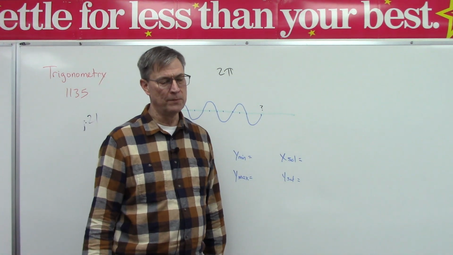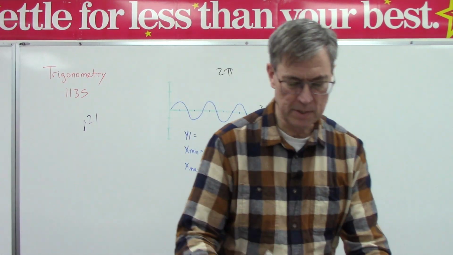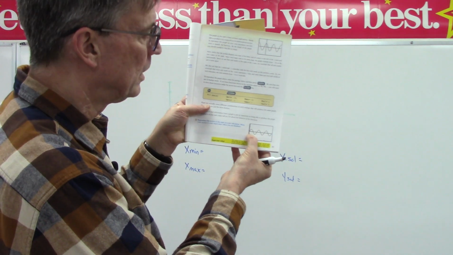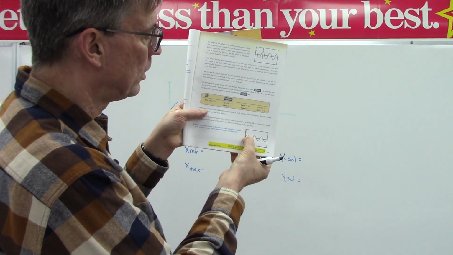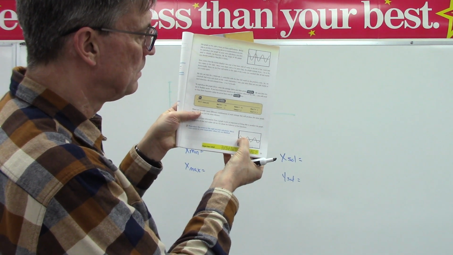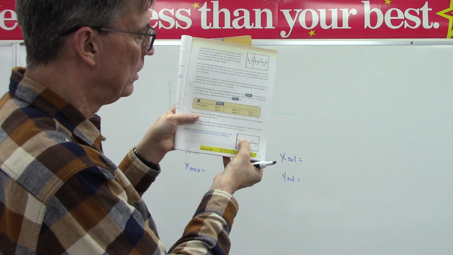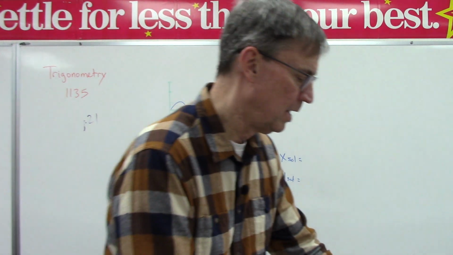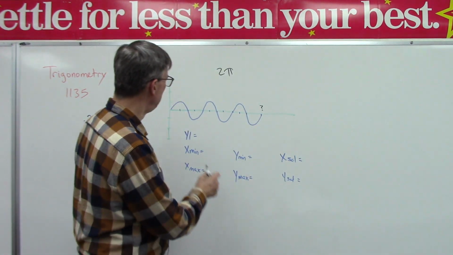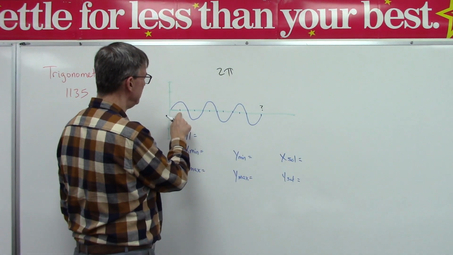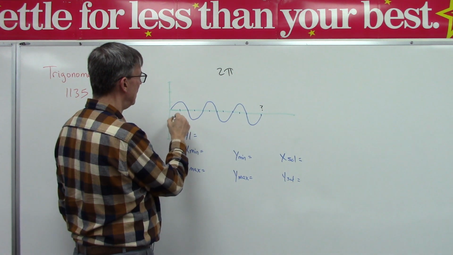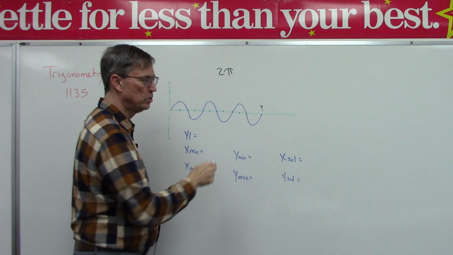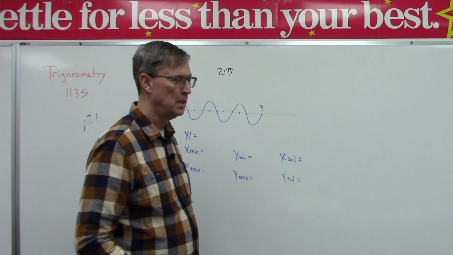Okay. But if you look at the picture in your PACE, let me get closer here so you can see it. You see there's a tick mark halfway between these points, and then again here, and here, and here, and here. So all the way out, we have several tick marks. So let's figure out what would be each tick mark. Well, think about it. One complete cycle is 2 pi, right?